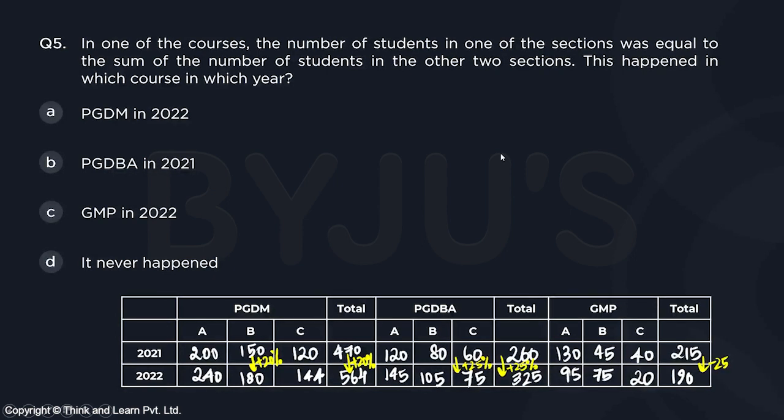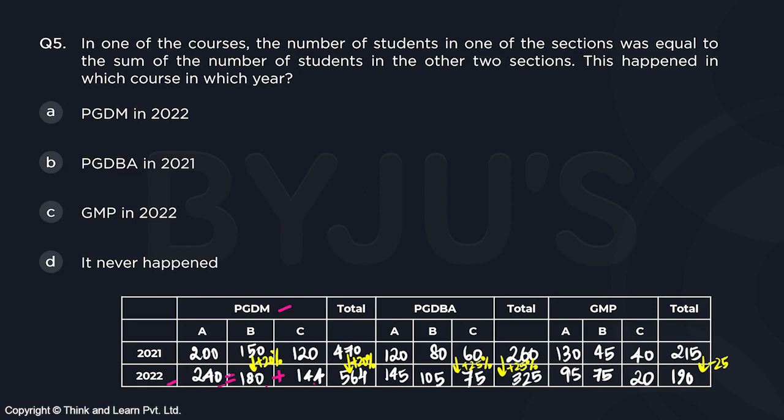Question number 5. If in one of the courses, the number of students in one of the sections was equal to the sum of the number of students in the other two sections, this happened in which course in which year? So we're talking about PGDM in 2022. So here, one of the sections is equal to the sum of the other two. So obviously 240 is the largest one.